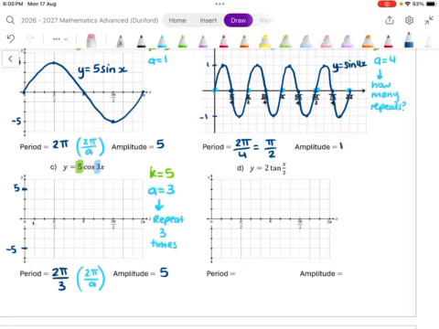So we have pi on 6, pi on 3, then we'll have pi on 2. This is 2 pi on 3, so that's where it's going to first repeat. And then we'll have 5 pi on 6. Does that make sense?